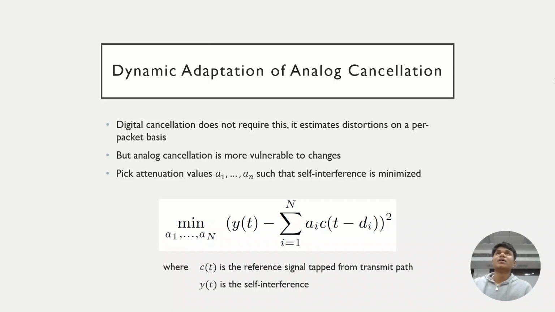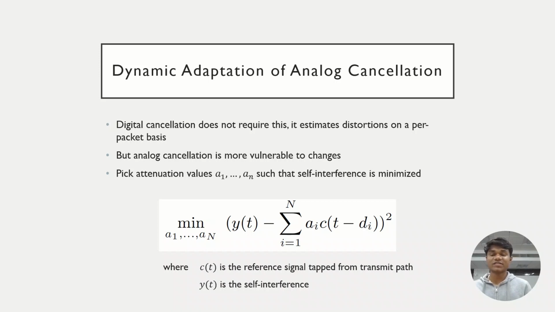Now, we only applied the analog cancellation once, and that too with fixed values, but the environment is dynamic. The channel conditions may not be the same forever. So we also have to account for that. So we have to dynamically change the parameters of an analog cancellation circuit. And how do we do that?